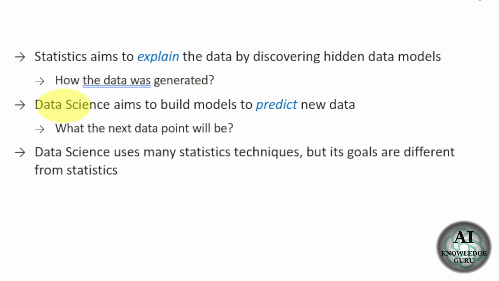Whereas data science aims to build models to predict new data, that is, what the next data point will be. Data science uses many statistics techniques, but its goals are different from statistics. For data science, you do need statistics, but for statistics, you don't need data science.